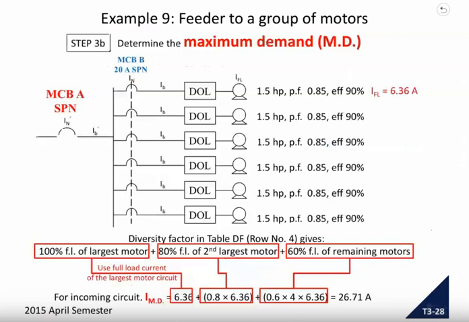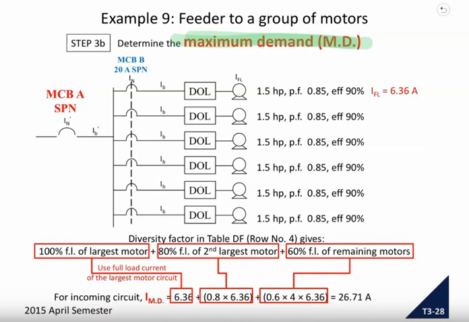All right. So to put the diversity factor concept into practice, now we need to determine maximum demand. We know that we first have to take 100% of the largest motor. They are identical, so it doesn't matter.